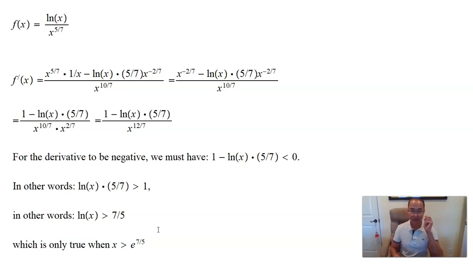Okay, so careful. We want x to be bigger than e to the 7/5 because we want ln of x to be bigger than 7/5. How much is that? It's about 4.055. Aha! So this is not true in general.